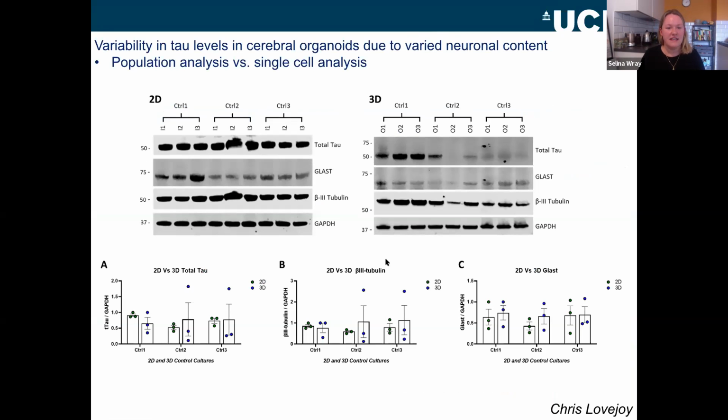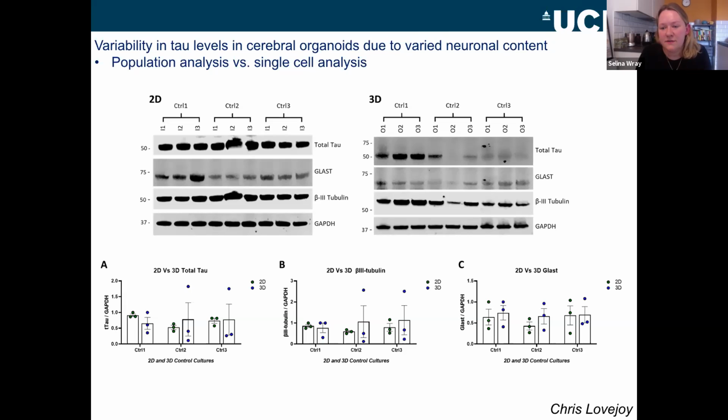And what we can see here is comparing some of the data we have on 3 different control lines with 3 inductions of each line in both 2D and 3D. And we can see that what we were finding in 3D was actually quite a bit more variability in the levels of our protein of interest.